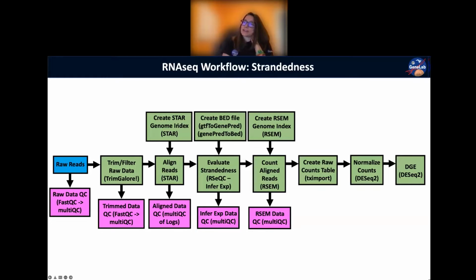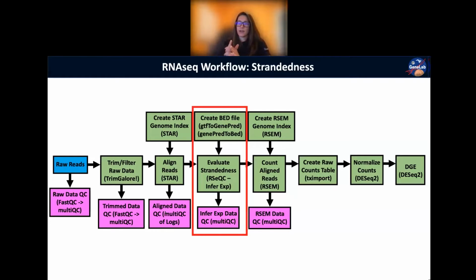I told you about creating a STAR genome index, and then we used that STAR index as well as our trimmed reads to align those trimmed reads to our reference genome. We then looked at the quality of the alignment using MultiQC compilation of the aligned log final out files of the alignment for each sample. And so we are now at this step where we are going to evaluate the strandedness of our data.